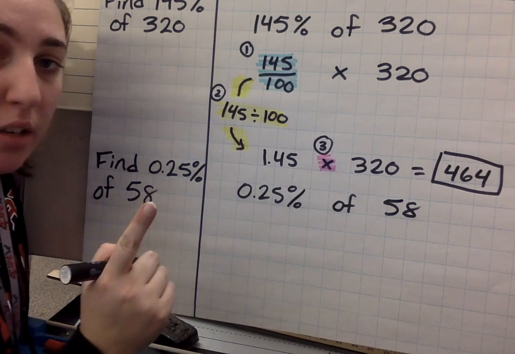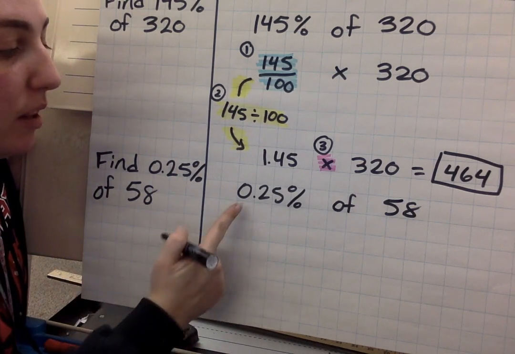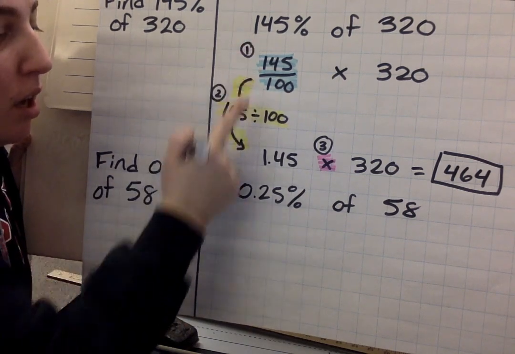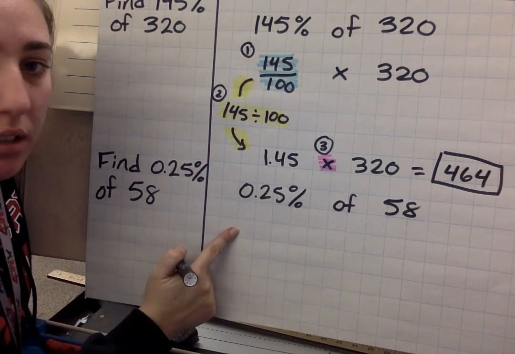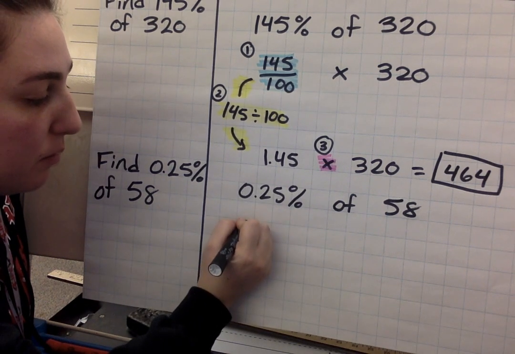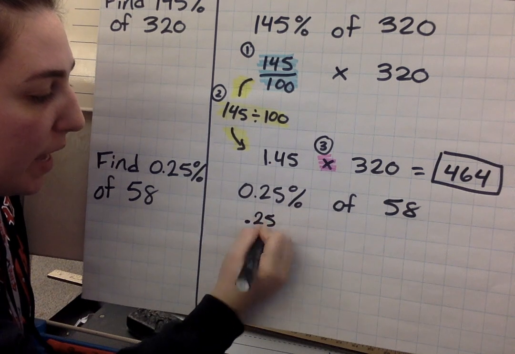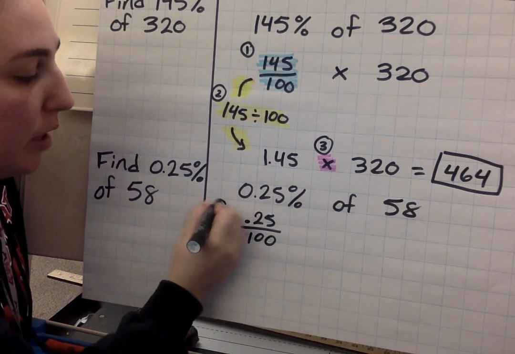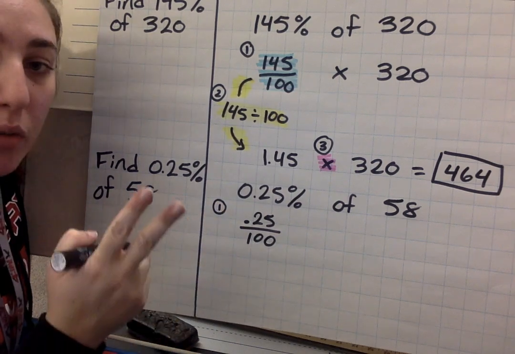And step 1 is going to be to rewrite the percent as a fraction. So just like we did up here, we're going to do the same thing over here. Okay, percent means out of 100. So I'm going to write 0.25 out of 100. That's step 1. Now I can move on to step 2.